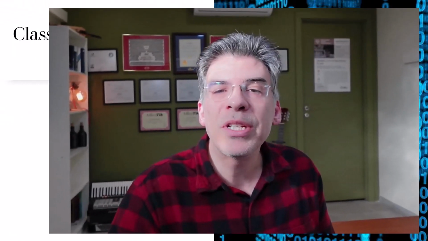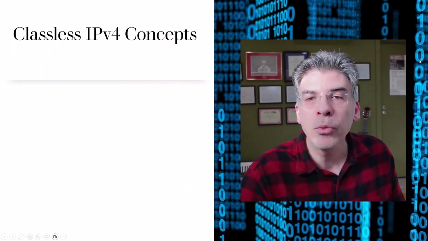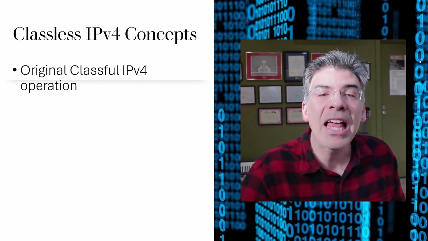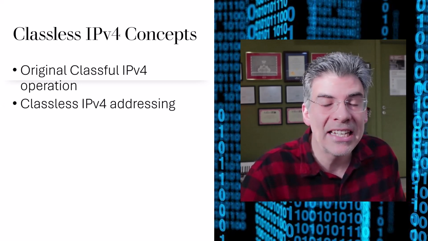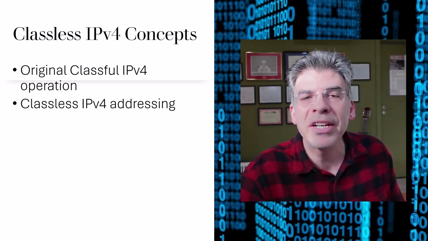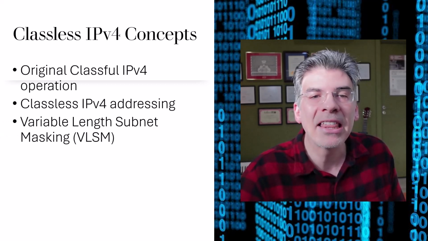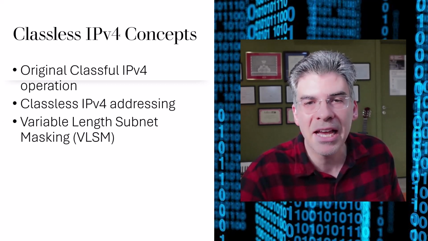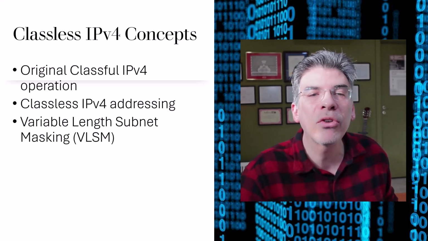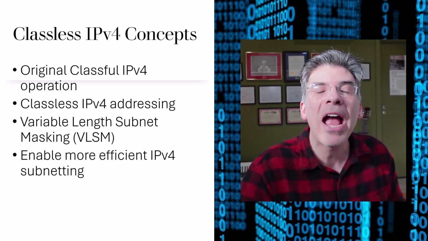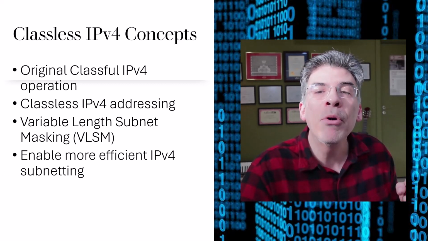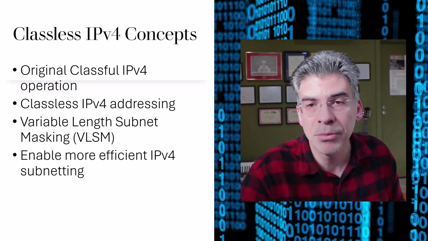In previous videos, we talked about the classful way in which IPv4 was originally designed, as well as the later classless IPv4 addressing that was introduced, along with what is known as variable length subnet masking, or VLSM. All of these concepts have to do with how we can create an IPv4 addressing scheme using IP subnetting in the most efficient way possible.